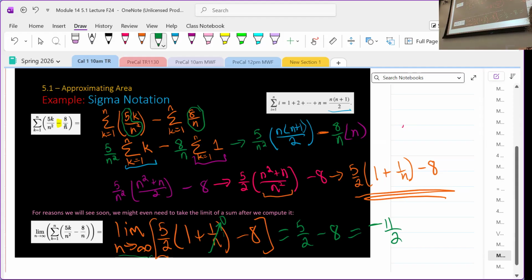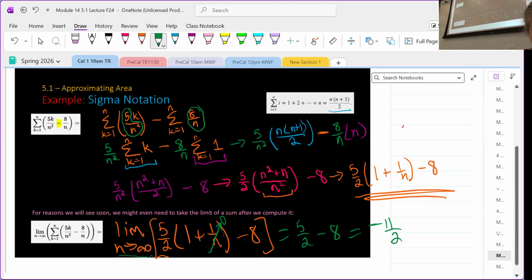So even though we started with this really crazy formula from 1 to n, adding and subtracting a whole bunch of things, and then I do the limit as n goes to infinity, apparently, if I make n just increase, increase, increase, this whole ridiculous sum difference formula will end up equaling negative 11 halves.